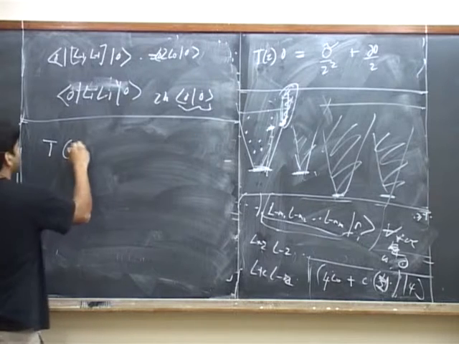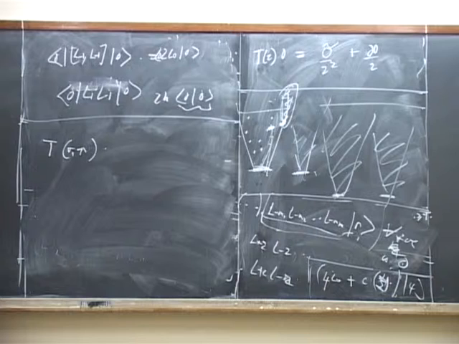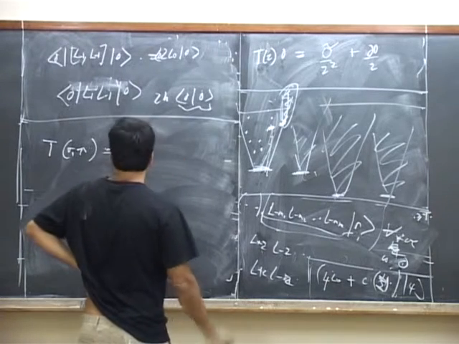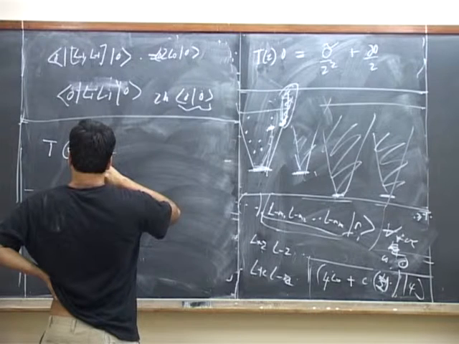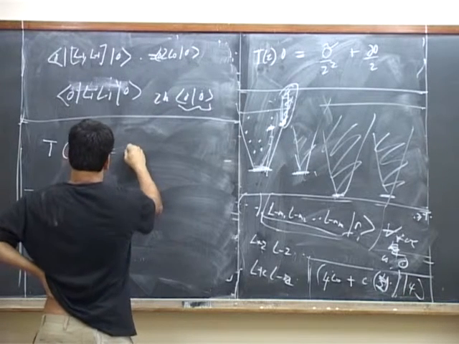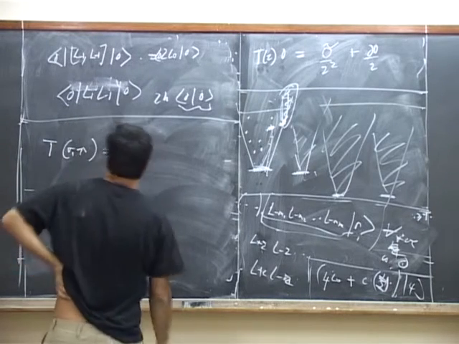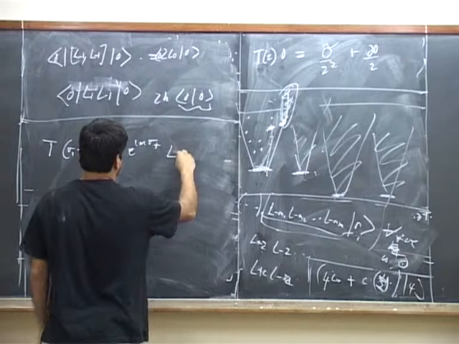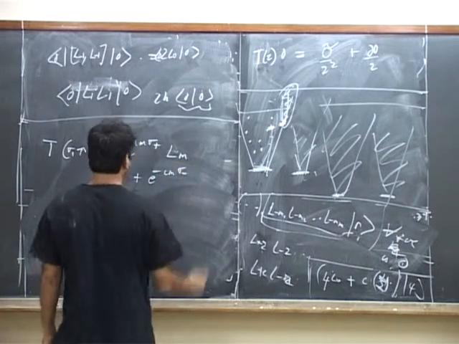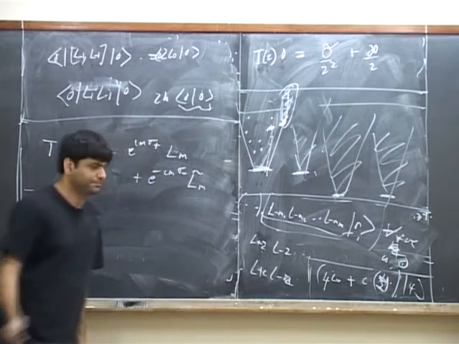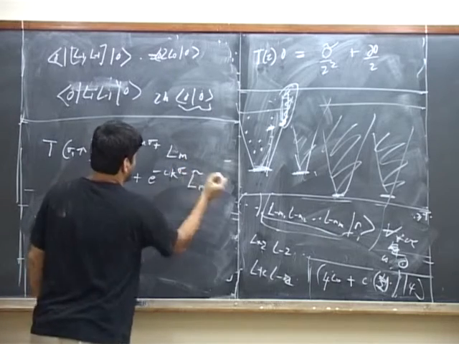We had T of sigma and tau, the stress energy operator, or even classically, the stress energy function as a function of sigma and tau, was taken as just Fourier expanded in the following fashion: e to the power i m sigma plus, L m, plus e to the power minus i m sigma minus, L tilde m. This is summed over m.